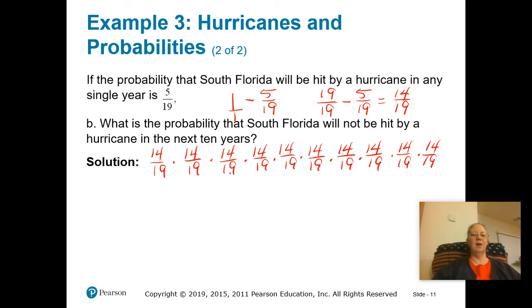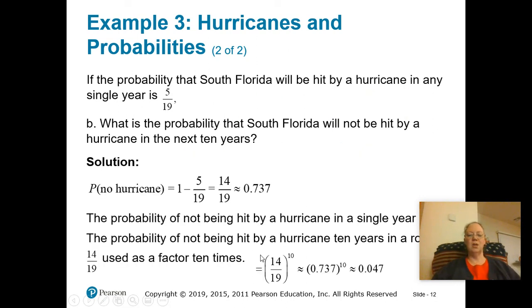I think I counted that right. So, guys, when you multiply the top, notice you have 10 14s multiplied together. I don't know what 14 to the 10th is, but that's what you'd have on the top. And on the bottom, you would have 19 to the 10th power. Again, you would have to multiply that out with a calculator, and I have that right here.